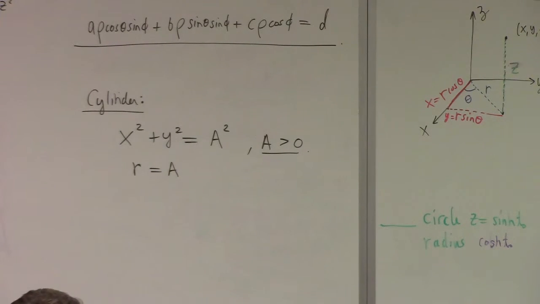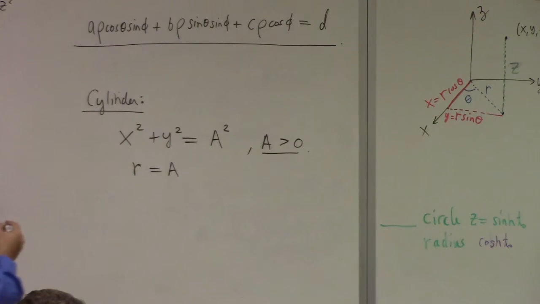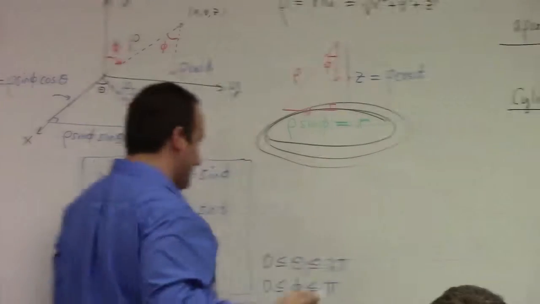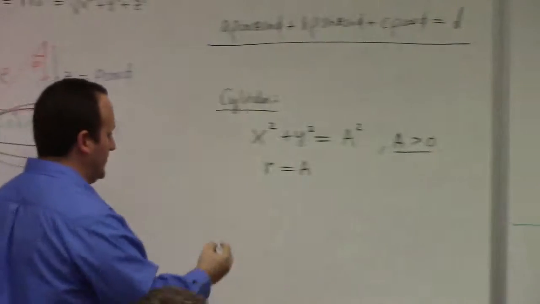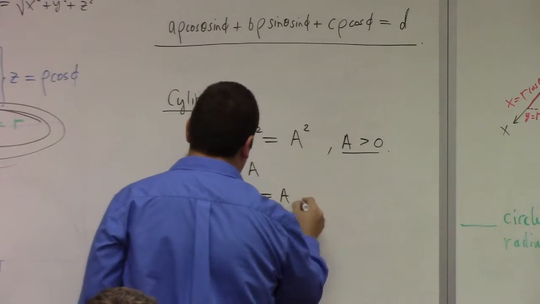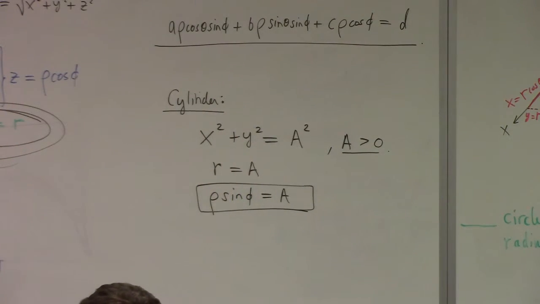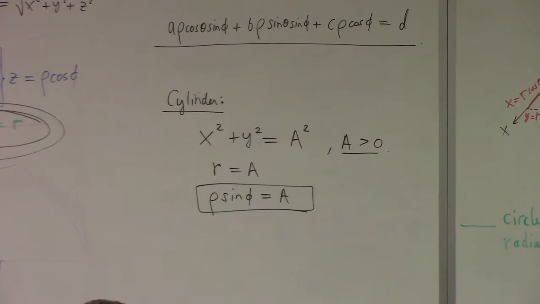What's the equation of the cylinder in spherical coordinates? You say rho sine phi is equal to A. That's the equation of a cylinder of radius A in spherical coordinates. It's not nice, but it's not too bad.